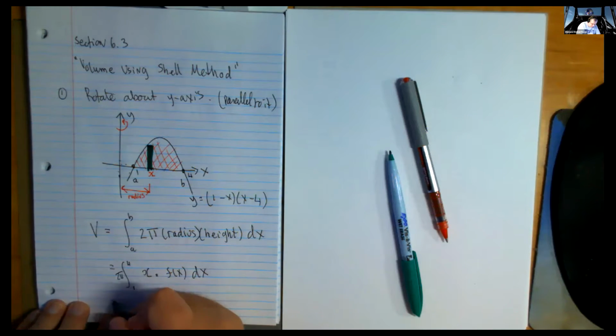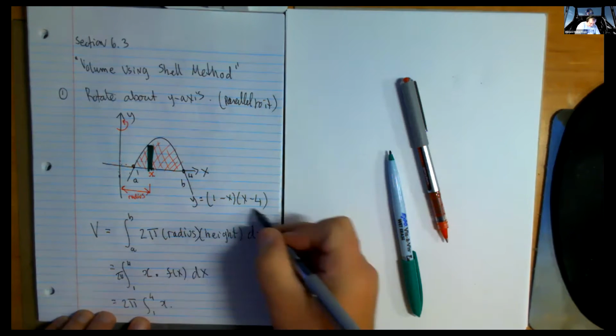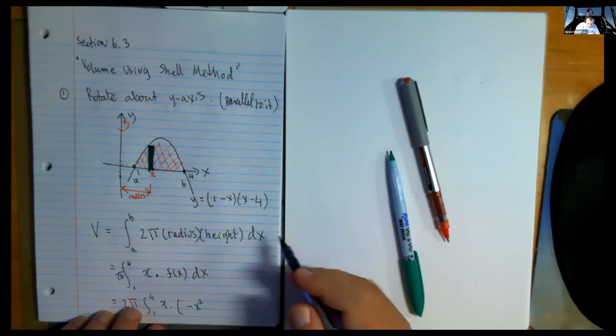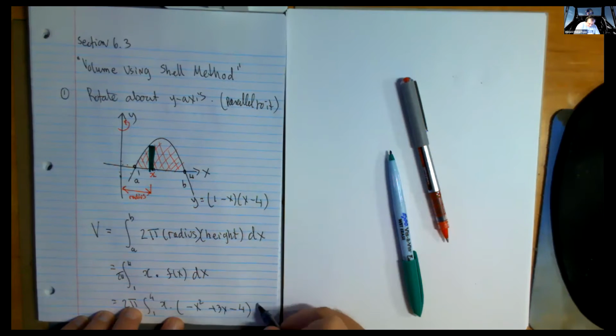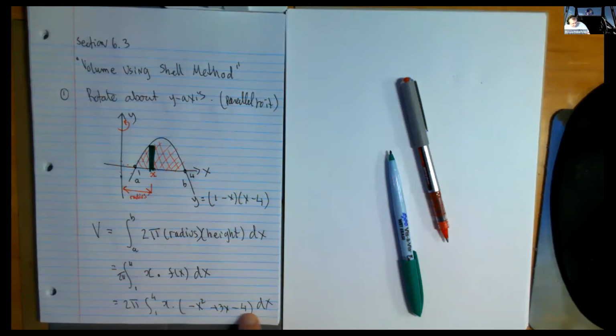So this means that we now have 2 pi, the integral from 1 to 4 of x times this mess. This mess happens to be, depends how you want to do it, negative x squared plus 4 plus 3x minus 4 dx. I've just FOILed that thing out to make a quadratic.